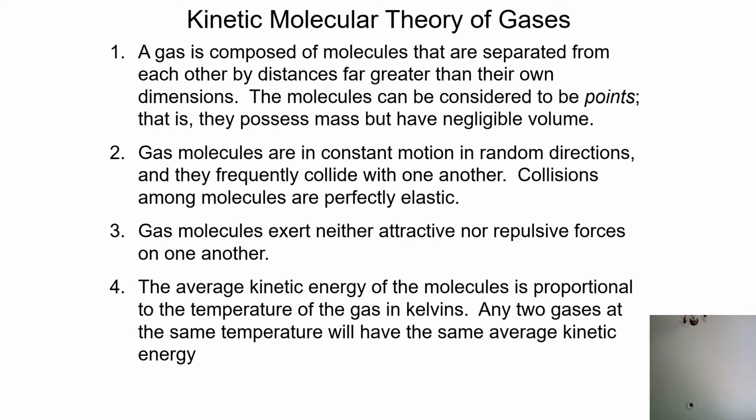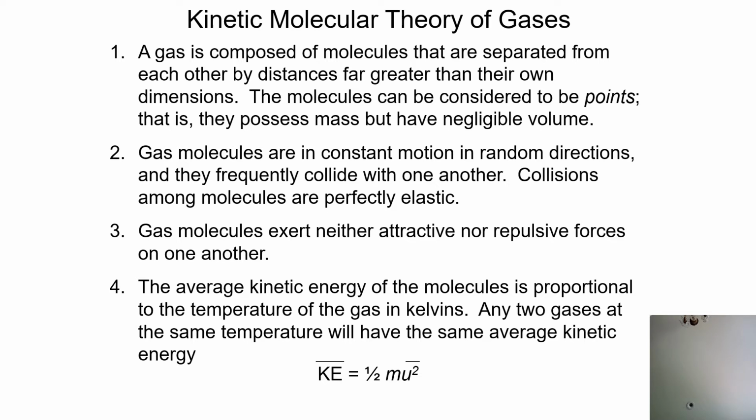And there is an equation that is used to calculate that average kinetic energy. You're not going to be responsible for this equation, but I want you to understand what the variables are in the equation. So KE is the kinetic energy.